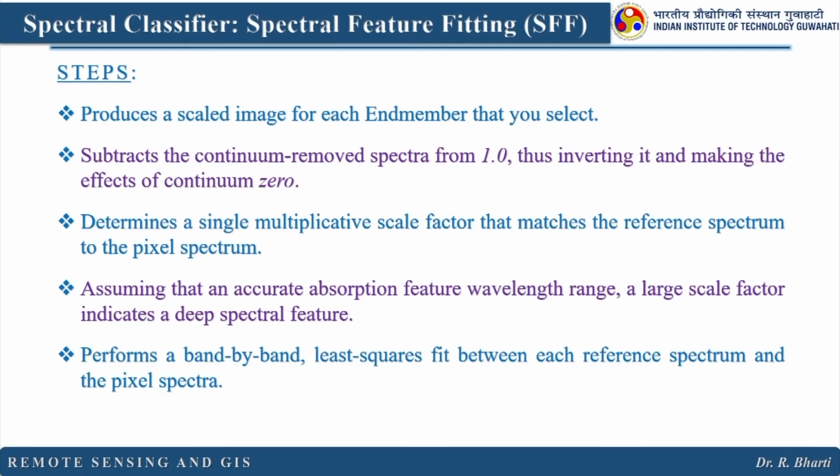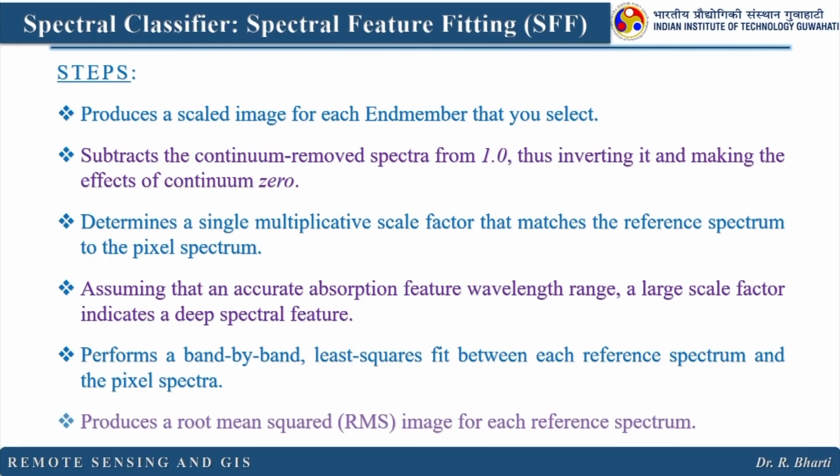Performing a band by band least square fit between each reference spectrum and the pixel spectrum, it produces a root mean squared image for each reference spectrum, right. So here basically you will have a scaled image for each end member and a corresponding RMSE image, right.